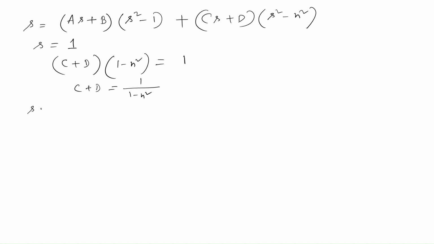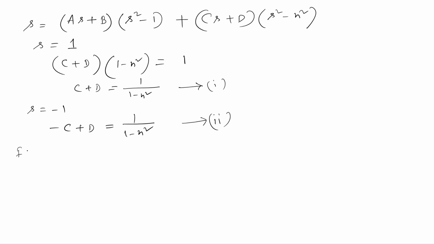Now let us put s equals to minus 1. Then we'll have here minus c plus d. Rest of the terms are same, 1 by (1 minus n square). Now if we do the simplification with these two equations, say this equation is 1 and this equation is 2.